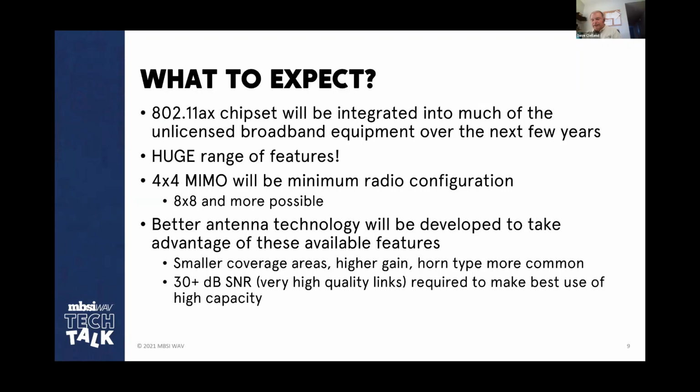So 802.11ax chipsets will be integrated into much of unlicensed broadband equipment over the next few years. Huge range of features, and this is only getting to be more pervasive all the time. The features are only limited by imagination and what the market demands right at this moment.